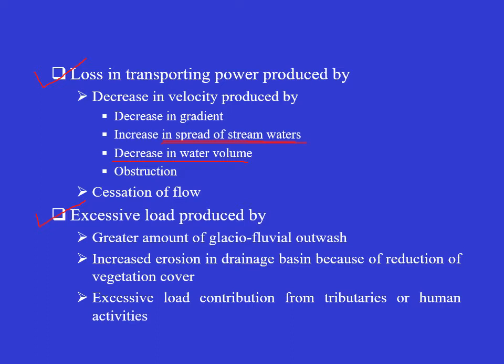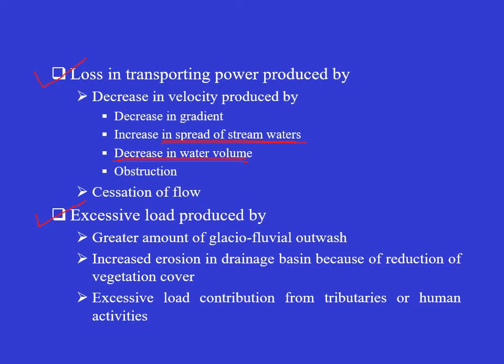So when the channel evidences a higher volume of water, that time energy is much higher. When the channel evidences a lower volume of water, that time the energy condition must be very low.